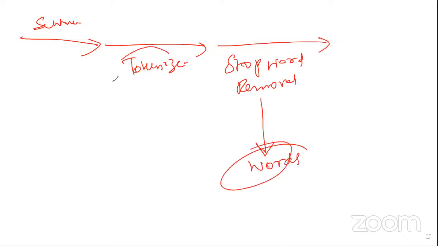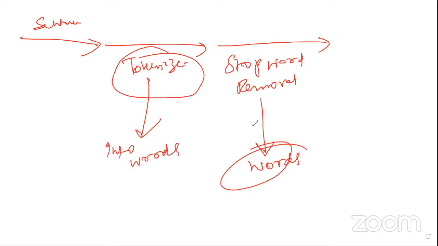And how can we get the words? We can get the words with the help of tokenization. So if you have the sentence, you cannot directly apply the stop word removal. You need to firstly tokenize that sentence into words, and then only you can use the stop word removal.